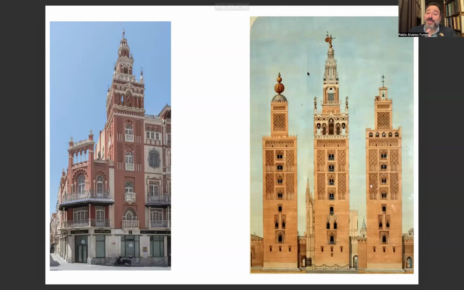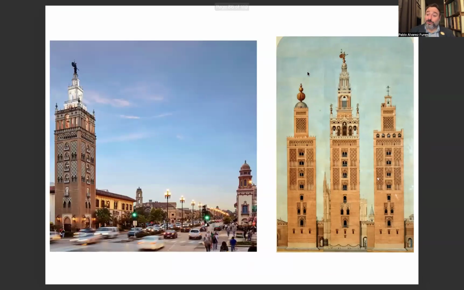But then obviously the Giralda of Sevilla, which is the final stop in all this evolution of the minaret of Cordoba and the lighthouse of Alexandria. Again, here we have a connection, not only with the lighthouse of Alexandria, the Giralda, the now belfry of the Cathedral of Sevilla, the importance of it, but also the importance of the Giralda all over the world.